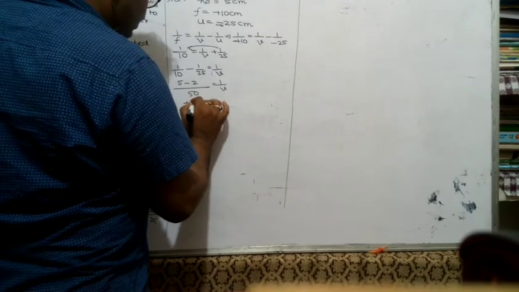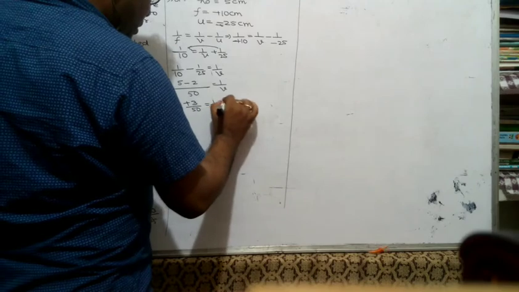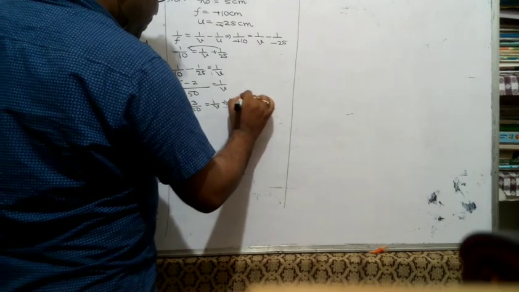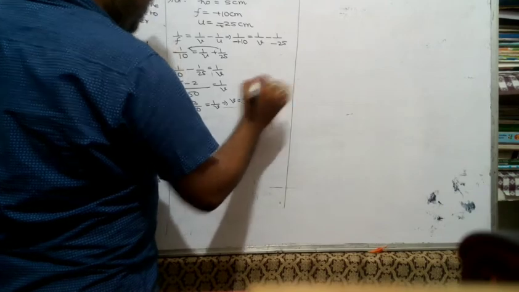So it is plus 3 by 50 is equal to 1 upon v, so v is equal to plus 50 by 3 centimeter.